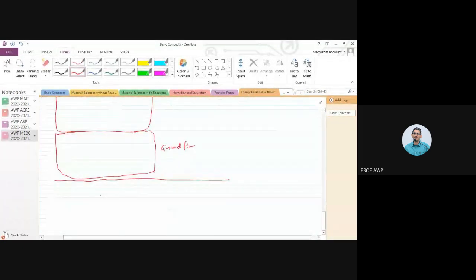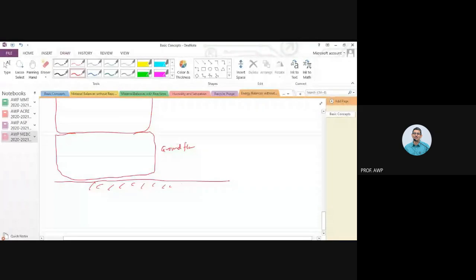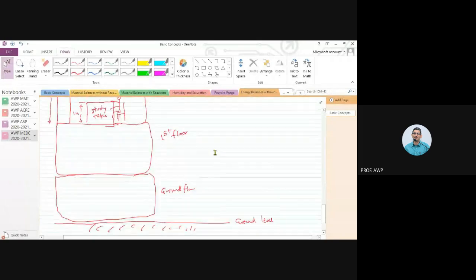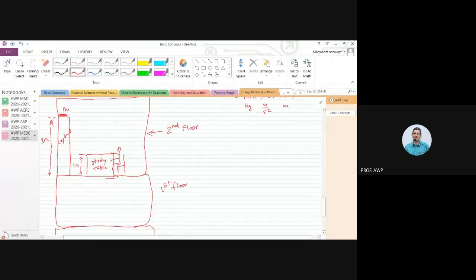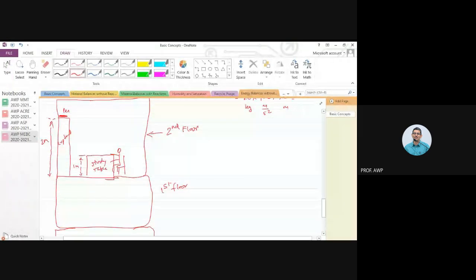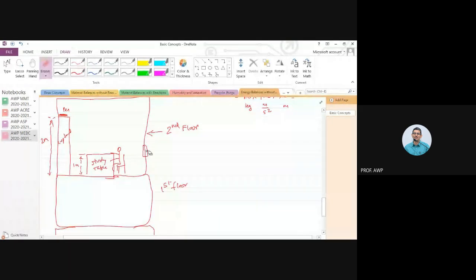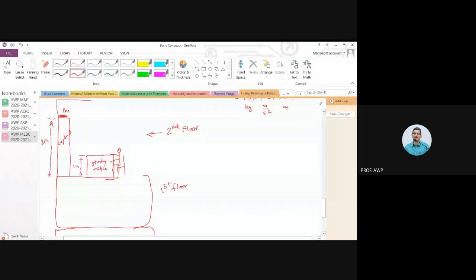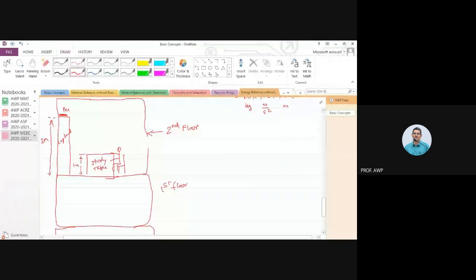And this is your ground. Now suppose, Praveen, there is a window here. Oops, I removed the wall only. I don't want to remove the wall. I just want to make a window. Okay, so there is a window.